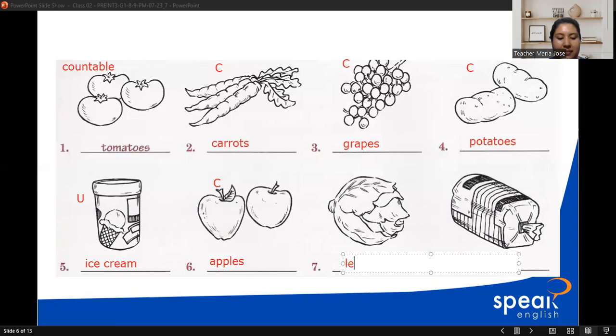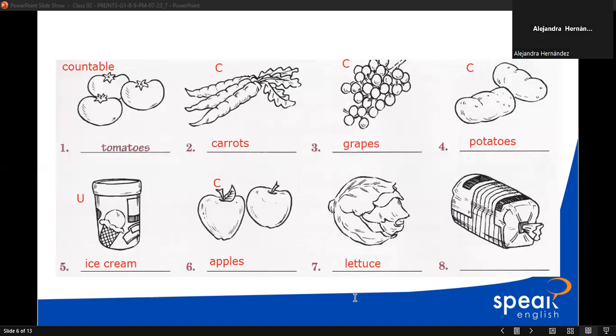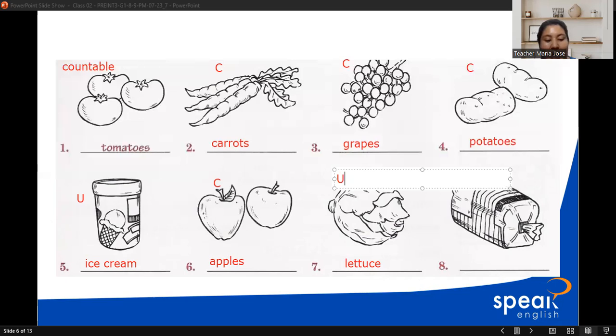And this is? Countable. Can you count the letters? Can you repeat, please? Letters. Can you count? Uncountable. This is uncountable. You can count the heads of lettuce, but the lettuce itself, you cannot count. Okay?